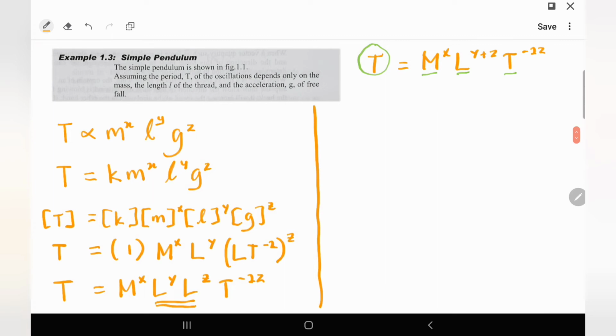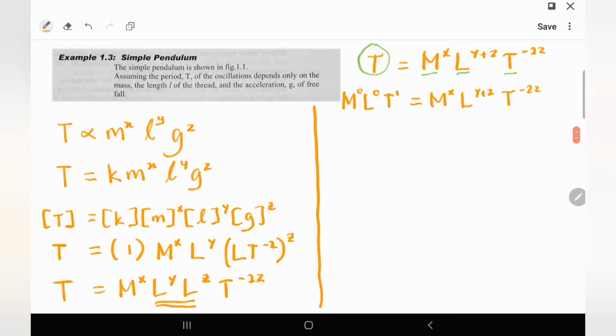Alright, so the equation is still the same with M to the power of 0, L to the power of 0, T to the power of 1, which equals M to the power of X, L to the power of Y plus Z, and then T to the power of negative 2Z.